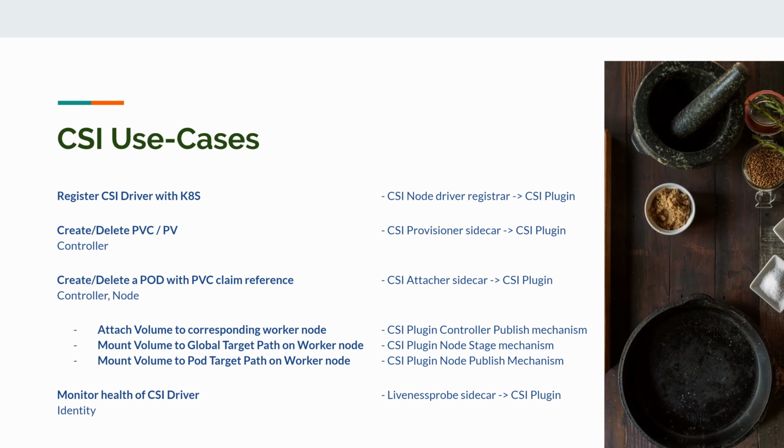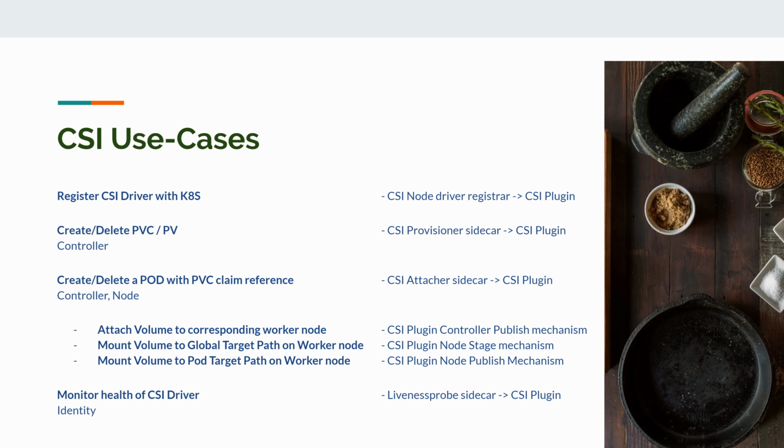Here are the use cases for the container storage interface. First of all, whatever program you write, whatever architecture you design and develop, has to be registered in the Kubernetes or OpenShift environment. Then when you create what is called a persistent volume claim or persistent volume, the corresponding volume has to be created somewhere according to your environment.